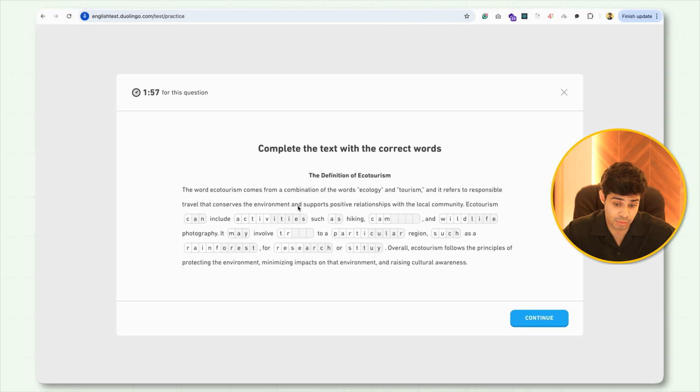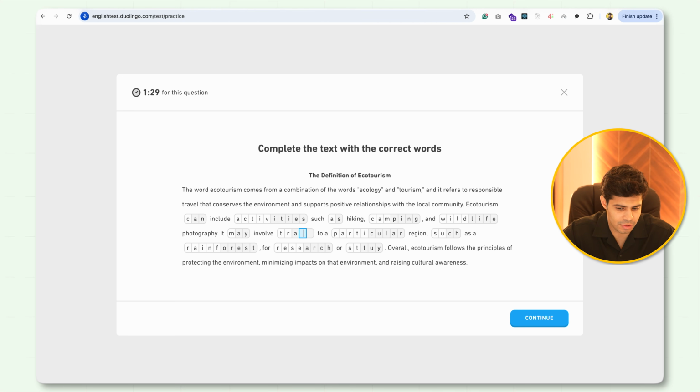Okay, two blanks were missing. Ecotourism can include activities such as hiking, camping, wildlife photography. All right. It may involve blank to a particular region such as rainforest research. Travel. No. Oh, okay. I think I messed up the spelling over here already because of that. Particular region.